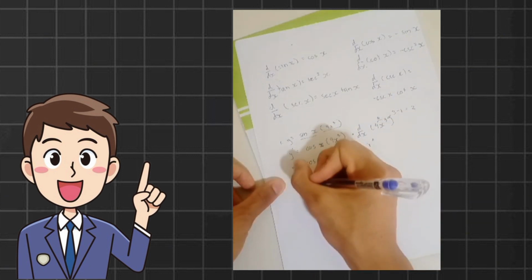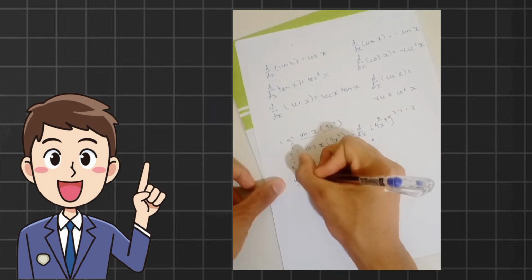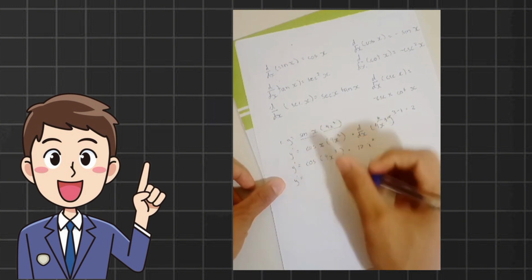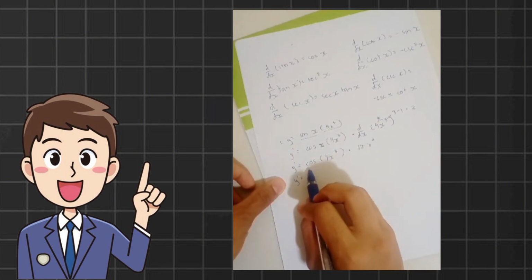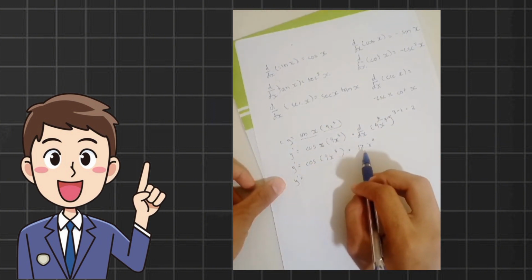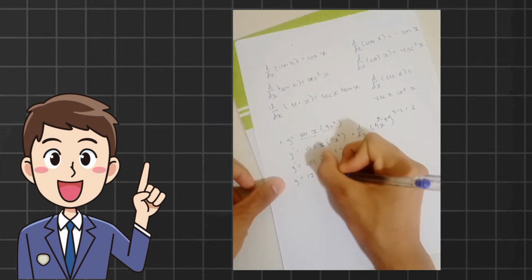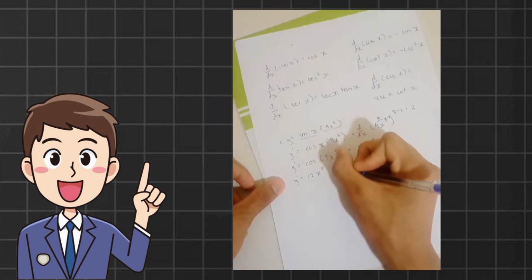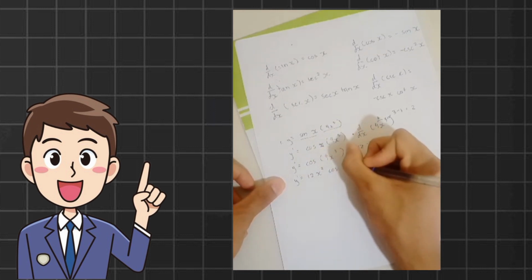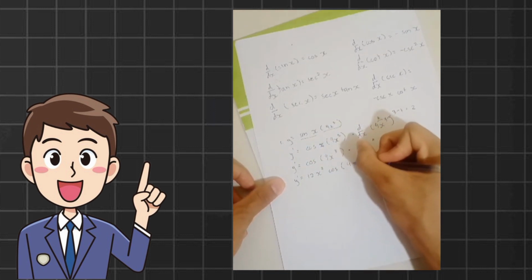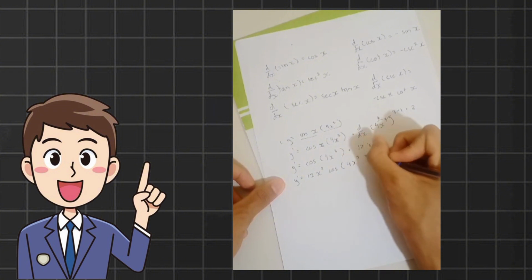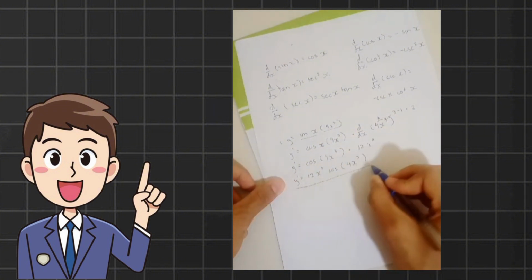Then let's multiply: cosine times 12x squared is equal to 12x squared cosine of 4x cubed. Now this is the final answer.